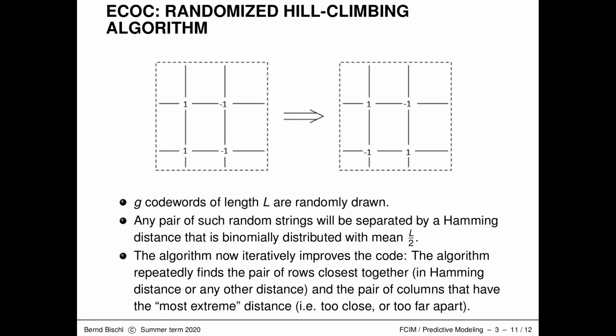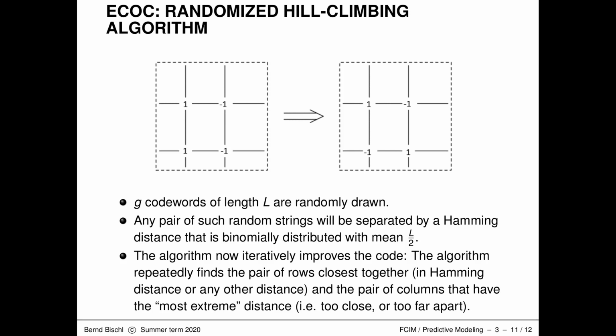Any pair of such random strings will now be separated by a Hamming distance that is binomially distributed with a mean of L divided by 2. So I'm at least initializing hopefully quite well.